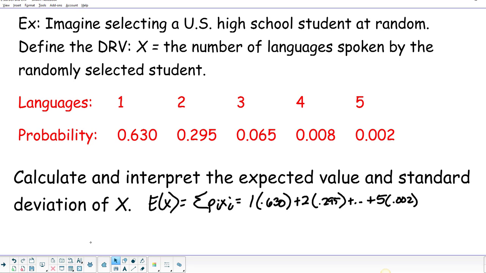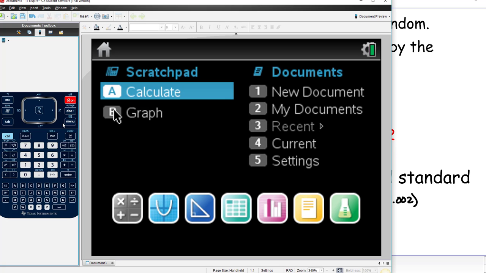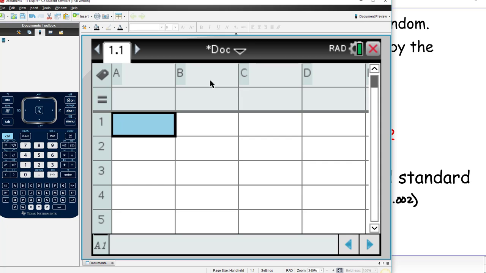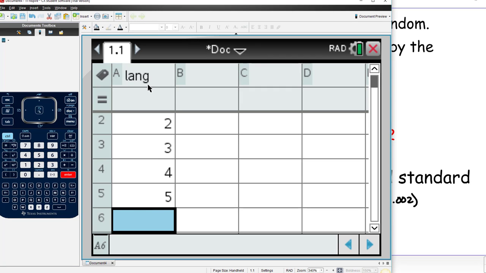Okay, so open up your calculators if you haven't already done so, and we want to make a new document. We want a lists and spreadsheet. Now, up at the top, make sure you label this whatever our random variable is. Our random variable is languages, so I'm going to call it LANG, and the values I had for those were 1, 2, 3, 4, and 5, right?